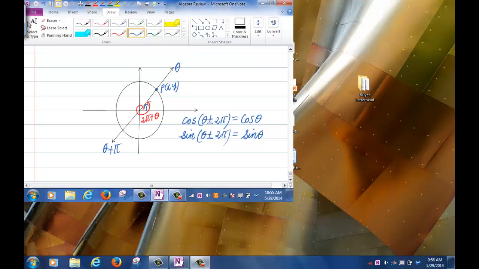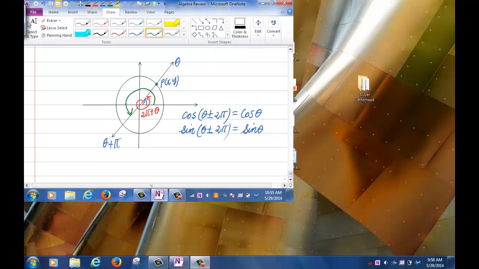So theta plus pi is which angle? Theta plus pi is this angle here. Okay? So one thing you want to realize here, if the point P has coordinates x and y, let's call this point here Q. Okay, what are the coordinates of Q? Anyone knows?